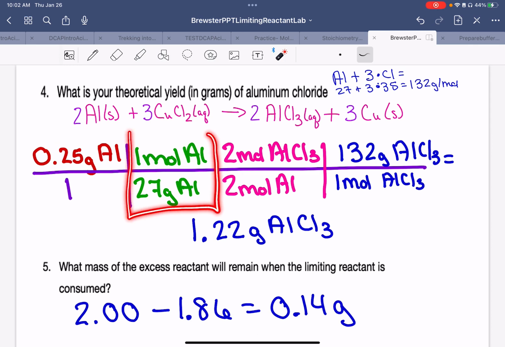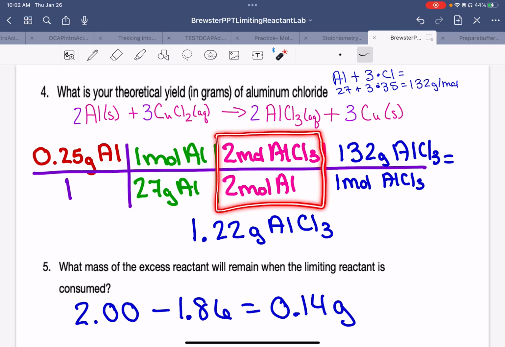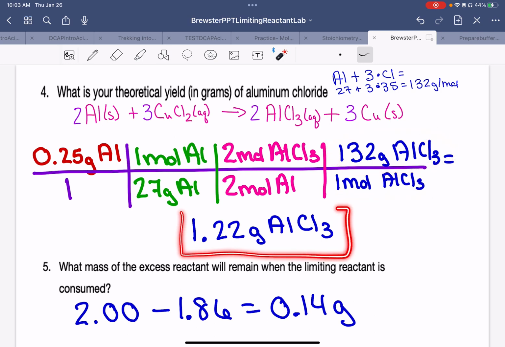Again, our conversion here from 27 grams of aluminum to 1 mole of aluminum. My balanced equation again, 2 moles of aluminum to 2 moles of aluminum chloride. And I've got to switch my moles to grams. I get 1.22 grams aluminum chloride.